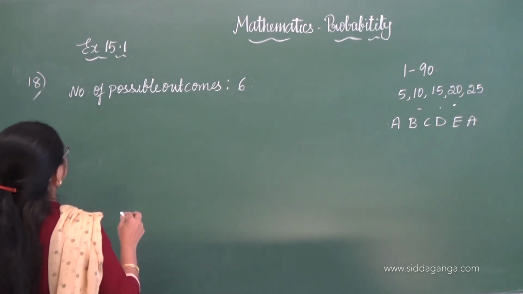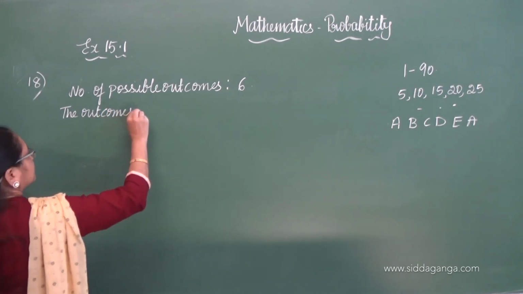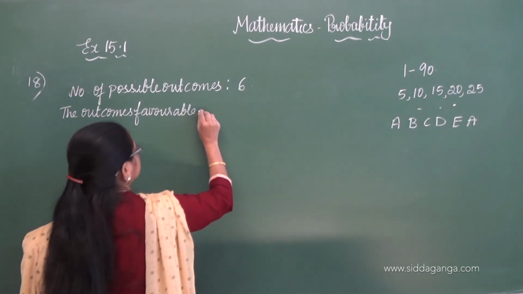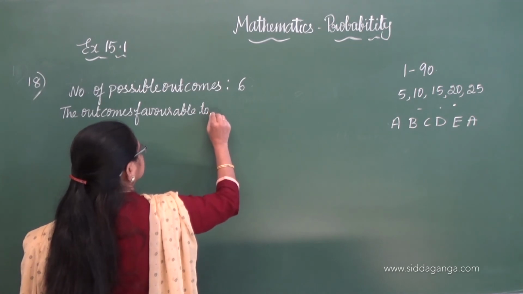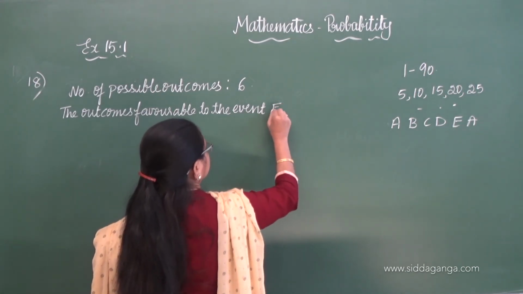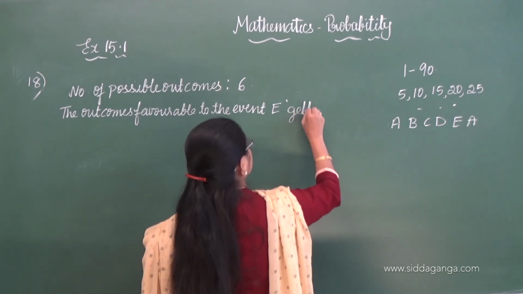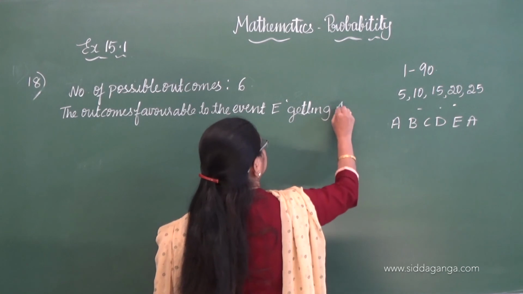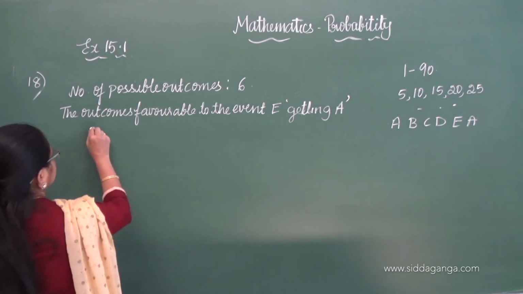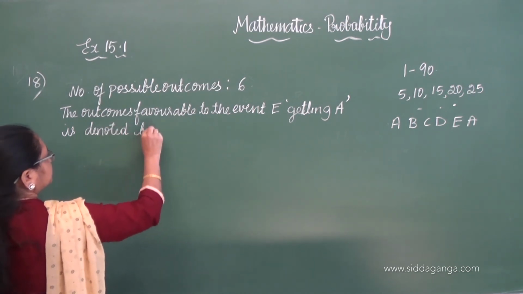Then the outcome favorable to the event E, that is getting A, possibility of getting A, is denoted by E1.